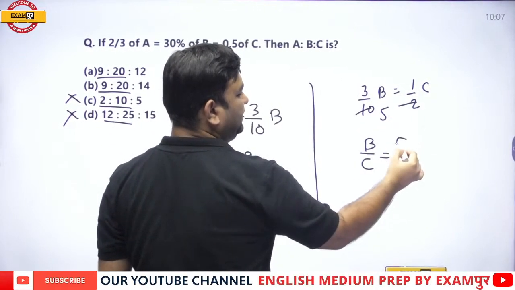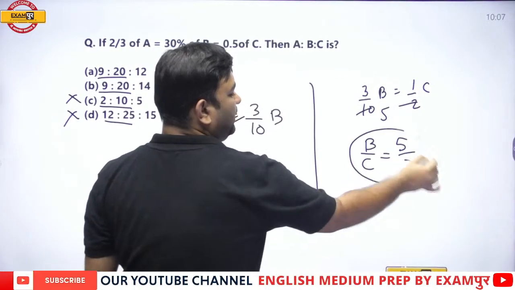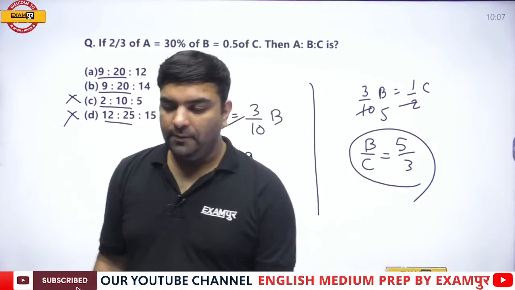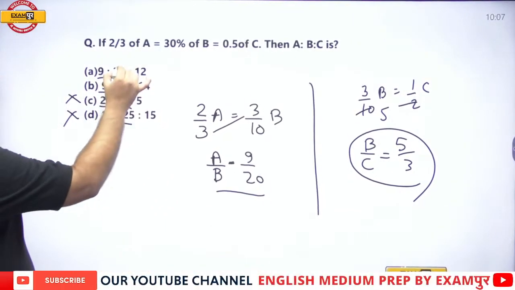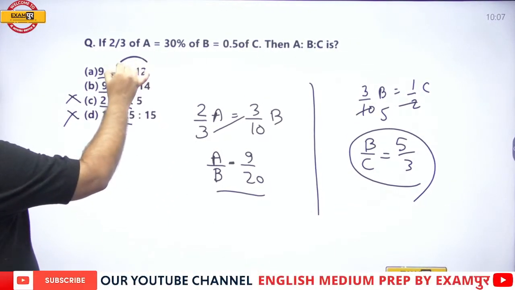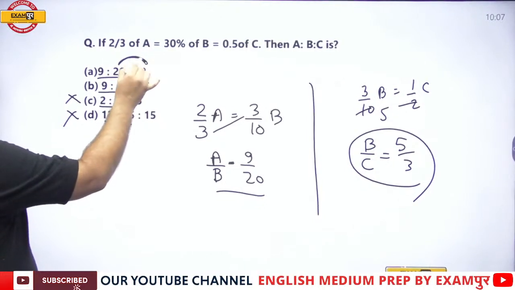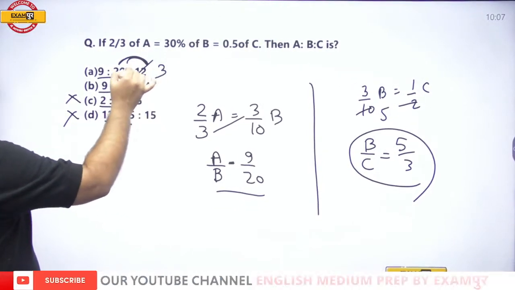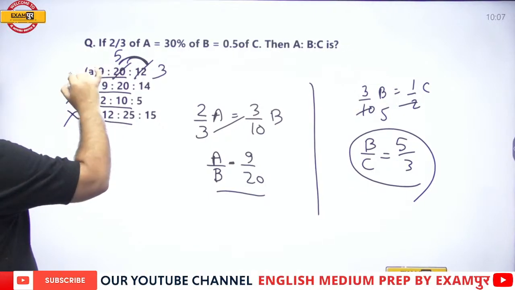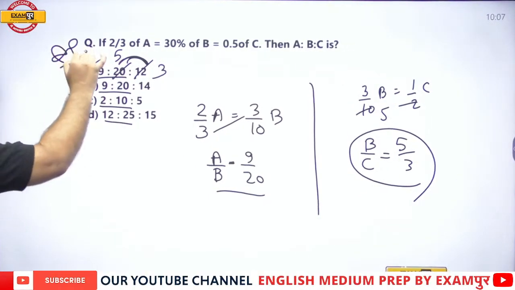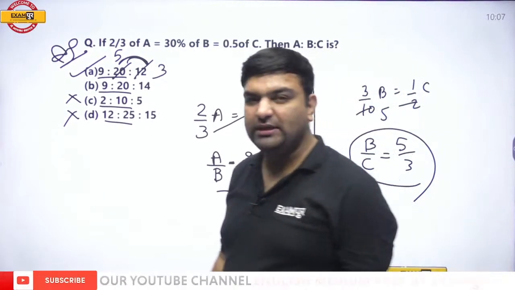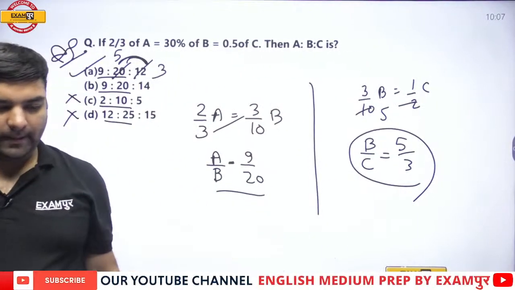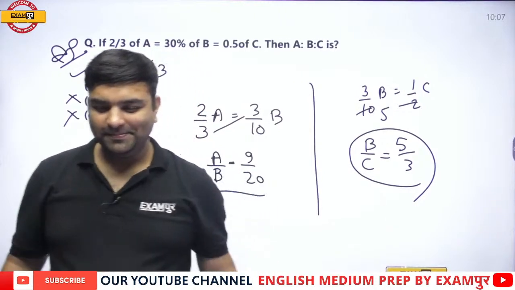Is 5 by 3 maintained here? Yes, if you simplify by 4, it is 3 and 5. Answer. The initial ratio should be equal to the final ratio. That is the point we are using. Got it.